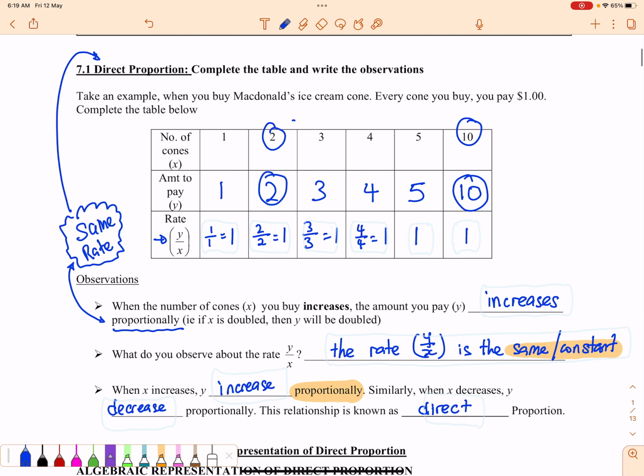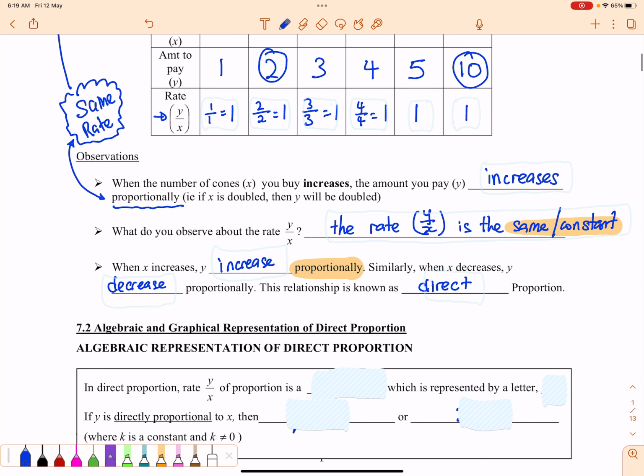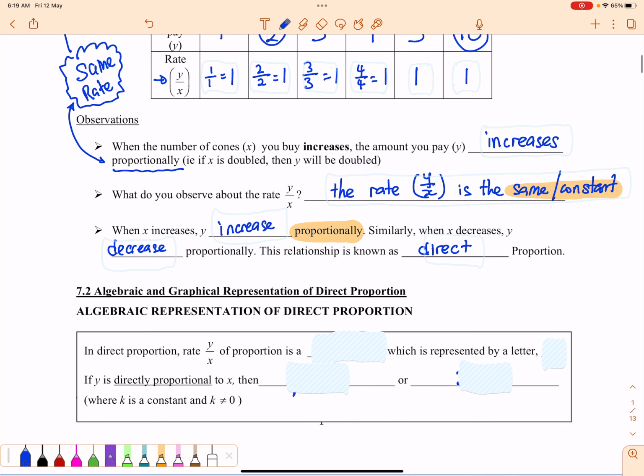Okay, so now let's understand how we represent this in an equation. From just now what we observe, y over x, the rate of a proportion, is a constant. So if we were to convert this into an equation, let's see how it looks like.